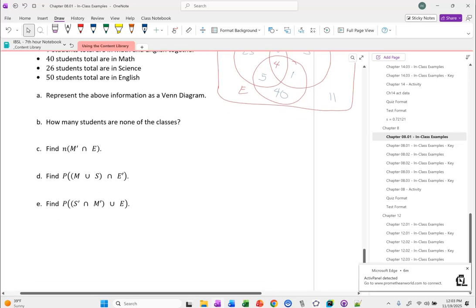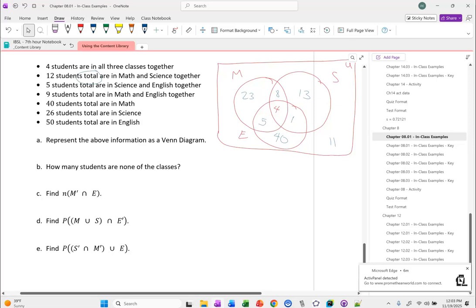So we did A, that's the Venn diagram. How many students are in none of the classes? You just read off the picture. Who can tell me what n of M complement intersect E is? Katie. It's 41. You just count everything in English that isn't shared with math, and also the science and English.